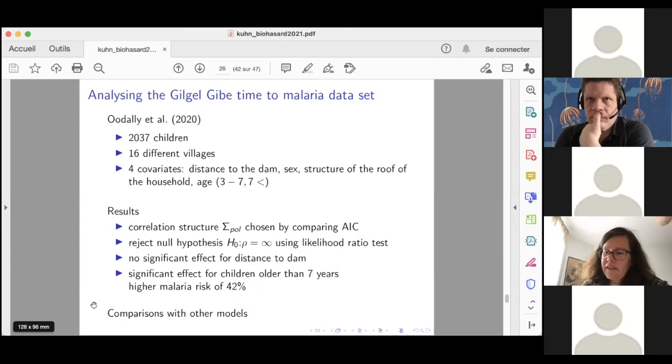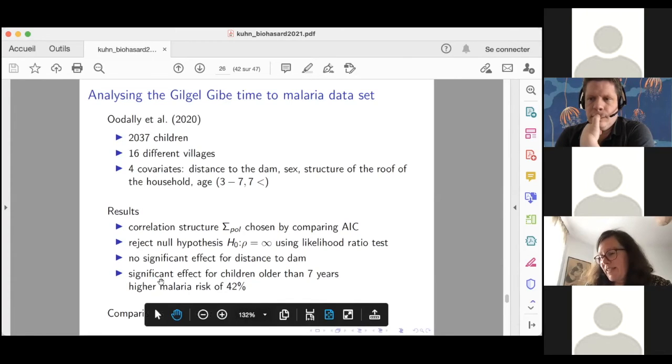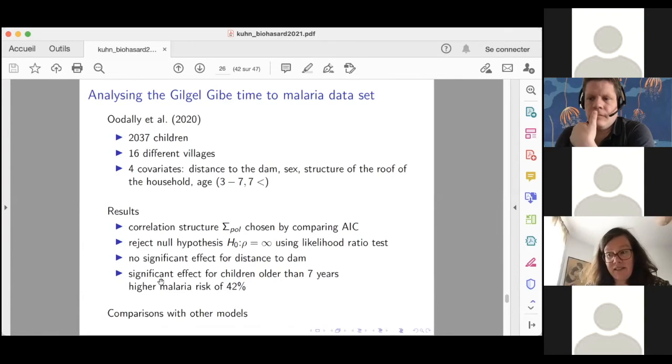But we obtain other conclusions. Indeed, in this model, when you increase the distance to dam, you obtain a decrease of the incidence, which is quite what you expect. But in our model, we obtain the opposite, meaning that when you increase the distance to dam, you also increase the incidence.